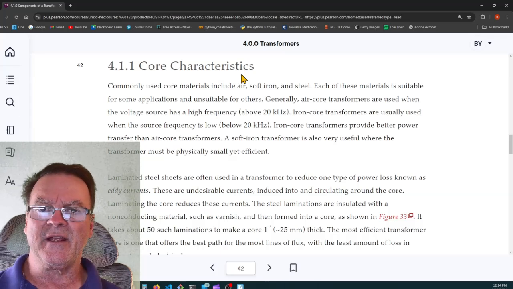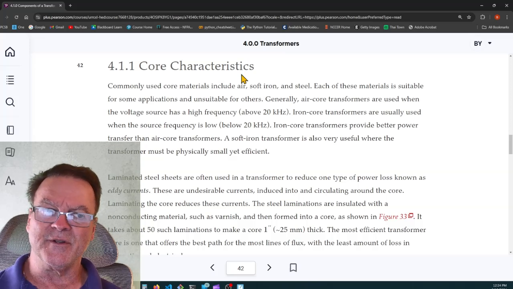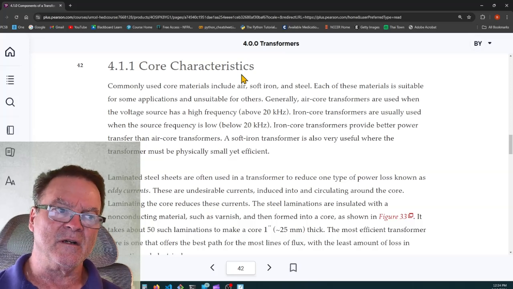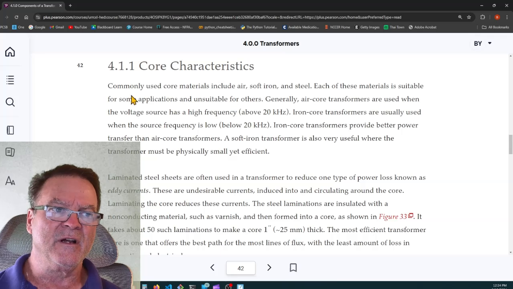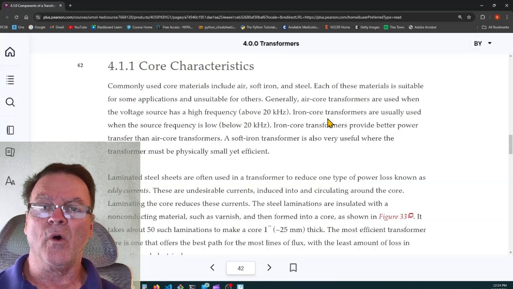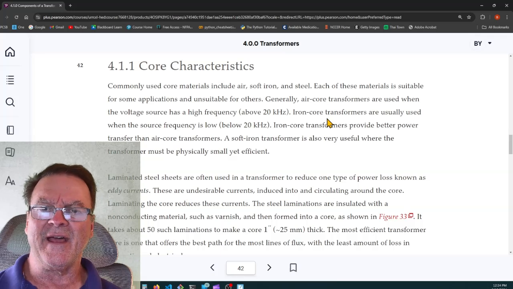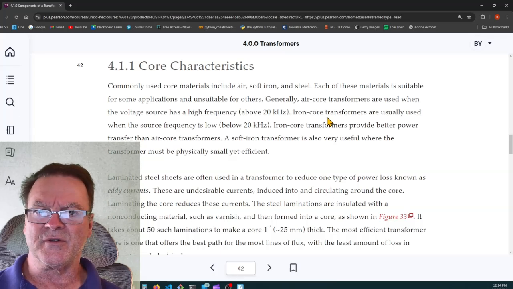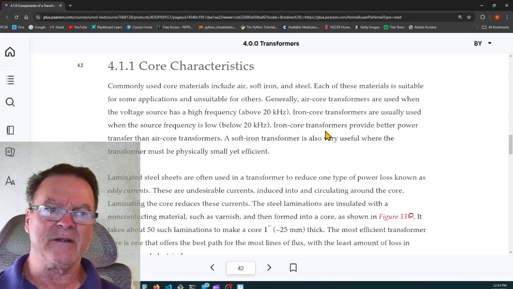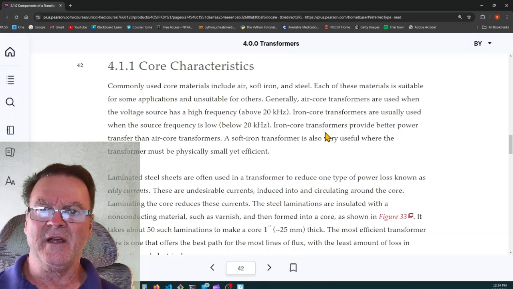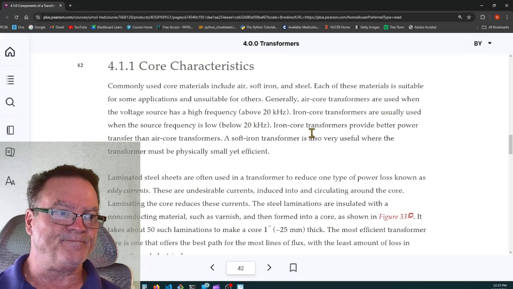To reduce eddy currents. Why are motor cores laminated? To reduce eddy currents. Anytime you have a steel core, an iron core, you can get eddy currents in that iron, and to reduce those eddy currents, you laminate it, and that will reduce the surface area where those eddy currents can form.